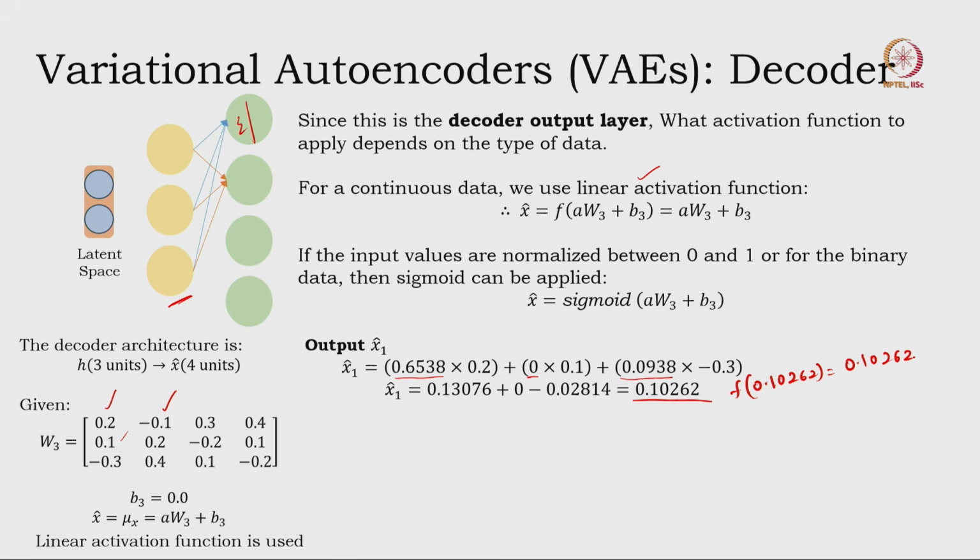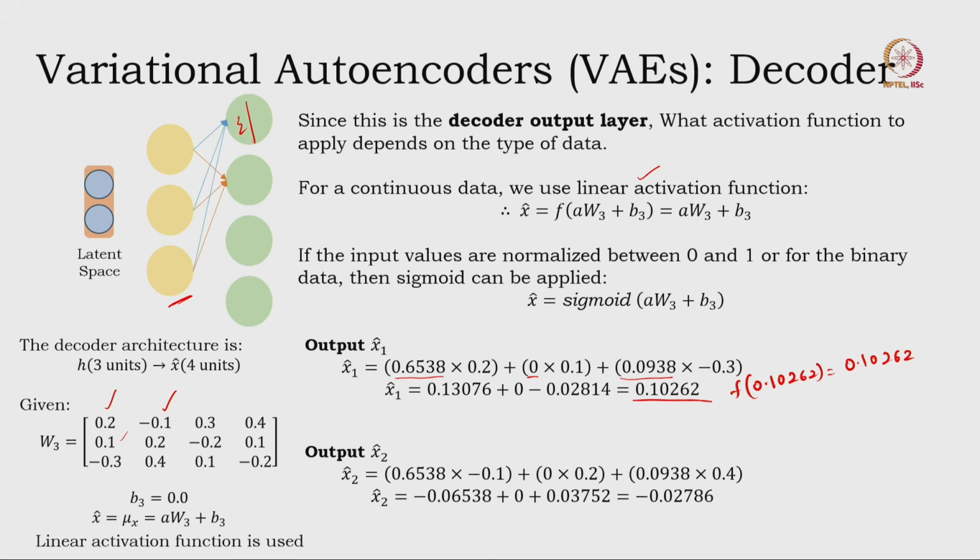We obtain this. In a similar way for the second, what you now get is x2 hat. You will take the same input from this particular layer and multiply it with its weights, which are this set of weights, and this is the value that we have obtained.